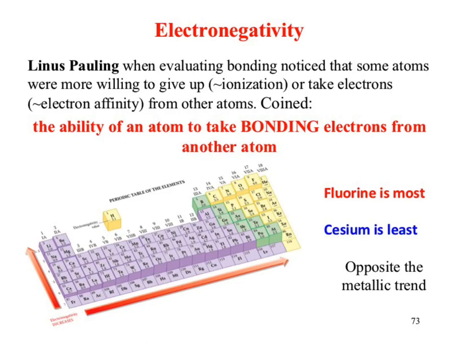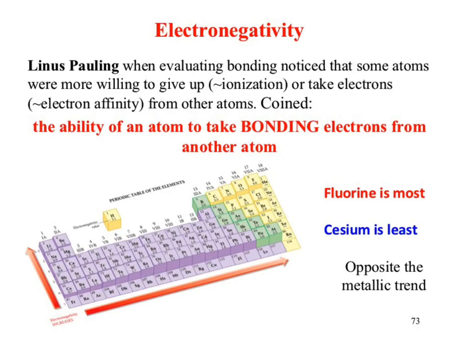Fluorine's like, all I need is 1, give it. What did it just do? It stole those electrons from another atom. Its electronegativity is really, really high because it is very easy for it to bridge that gap. Okay? So the higher the electronegativity, the higher its ability to grab those electrons. That's what's happening there.